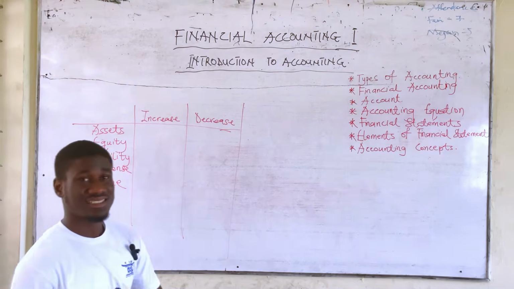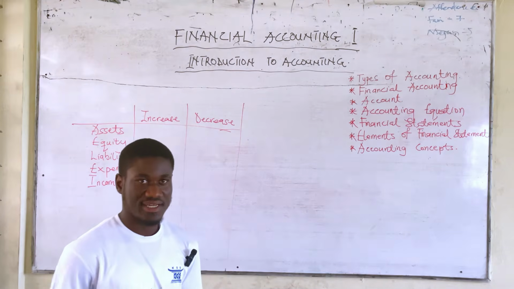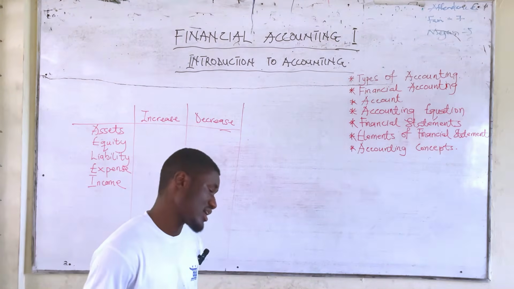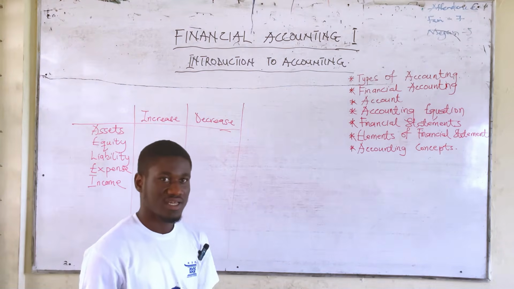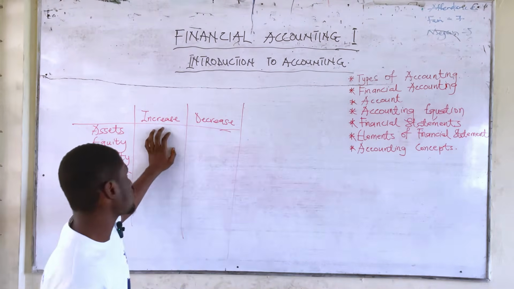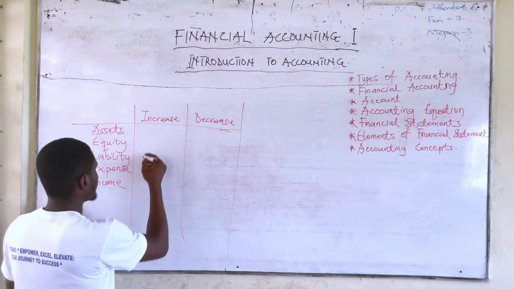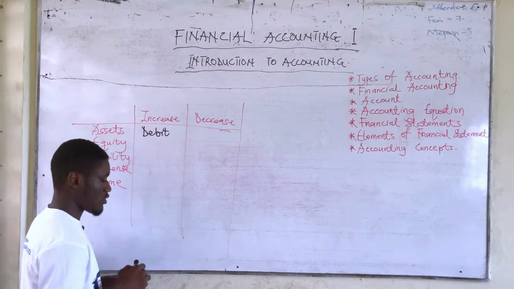And as I said, the debit is the left side of the account and the credit is the right side of the account. So whenever the transaction that has taken place is increasing the assets involved, we are going to what? Debit. So for assets, when they increase, we are going to debit.